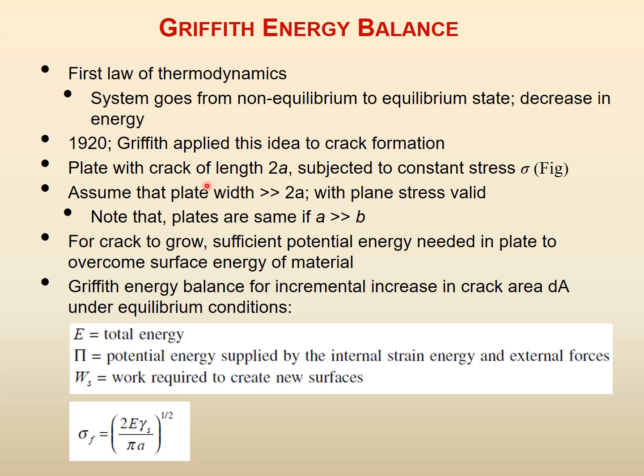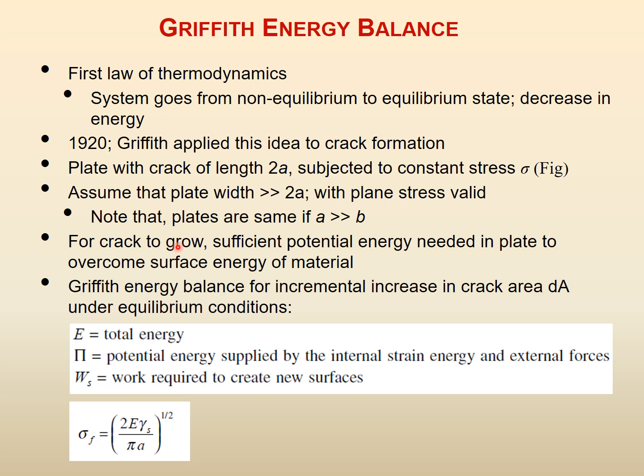There is a plate with a crack length of 2a, subjected to a constant remote stress of sigma. Assume that the plate width is much larger than 2a, so that plane stress is a valid assumption. We know that if a is much greater than b, then the earlier plate and this plate in the figure are the same.